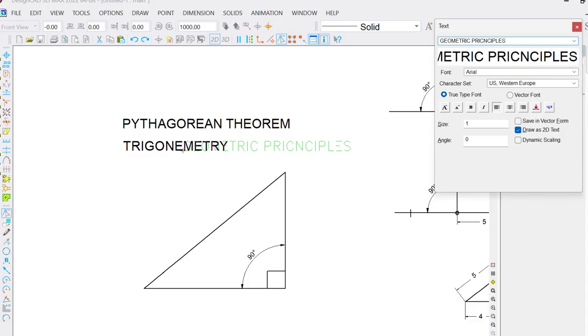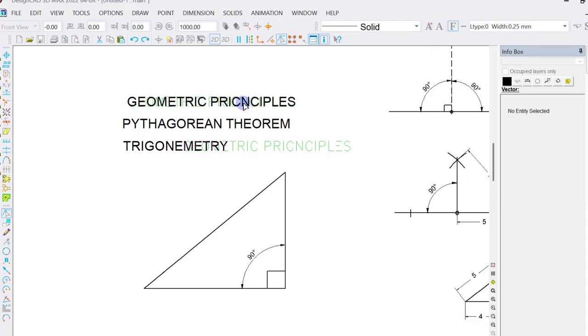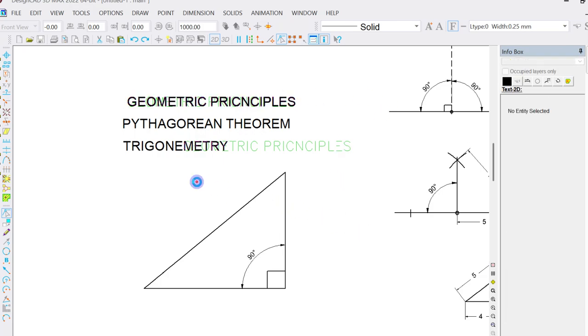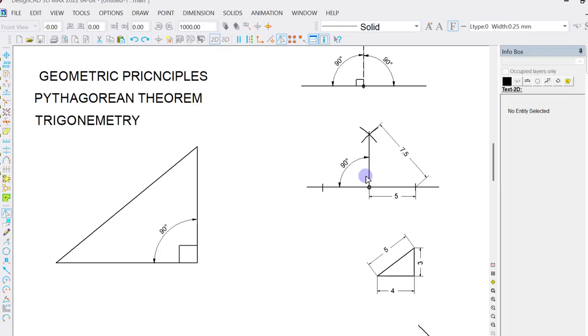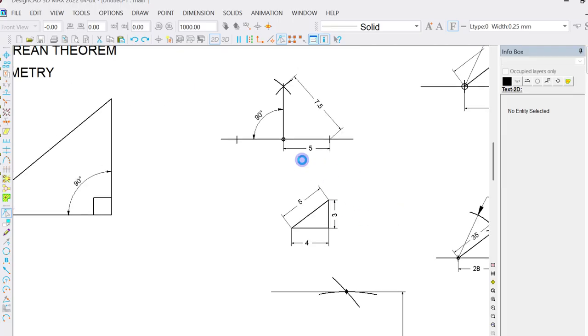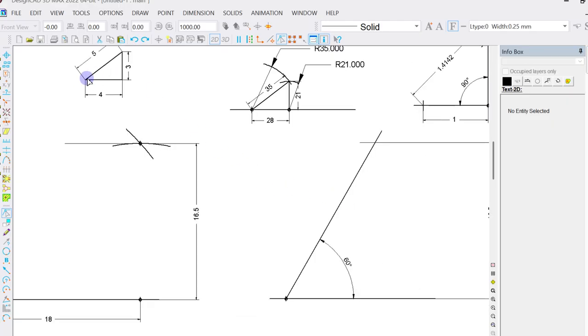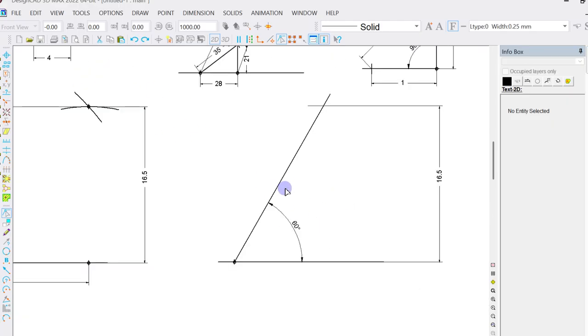Yeah, it's spelled wrong, but you get the idea. That's things like this where you're bisecting a line, circle theorems. There's a lot of things like that that you could learn with a geometry class. Take a geometry workbook and go through it.